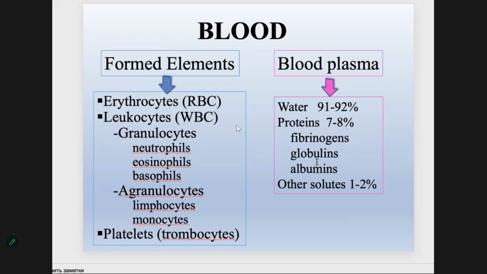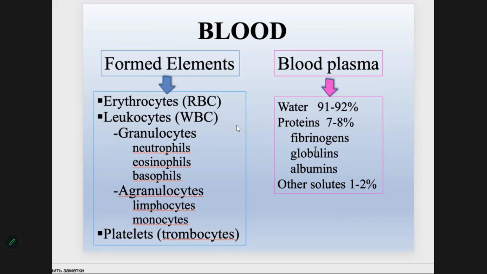The next protein is named globulin. Globulins, from 20 to 30% of all proteins of the blood, are subdivided into three main groups: alpha globulins, beta globulins, and gamma globulins.